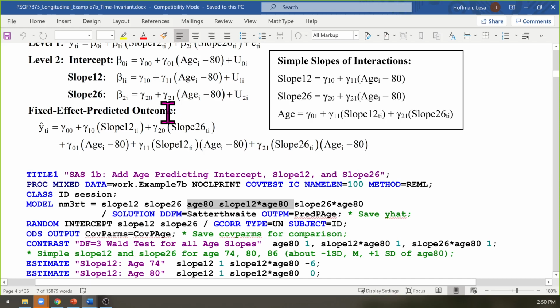So each level 1 term that has a random part is eligible, so to speak, to be predicted by the time invariant predictor. You can still put in the interactions if it's not, but that's a little more dicey in practice. So these 3 new terms in my model line correspond to gamma 01, gamma 11, and gamma 21.